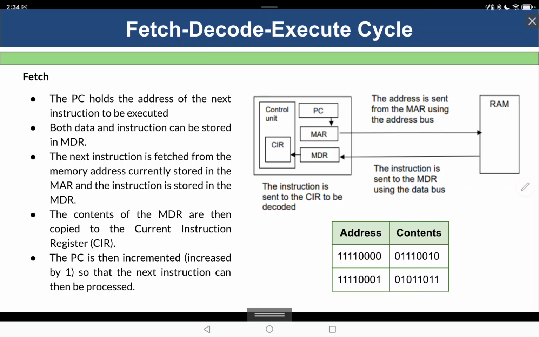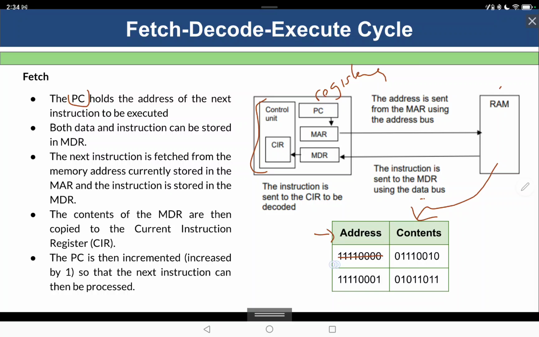So we have the control unit, which is responsible for controlling all the components. Then we have the registers here. We have the RAM, where the data is stored. In the RAM, we have the address and the content of each address. Now, the PC holds the address of the next instruction.